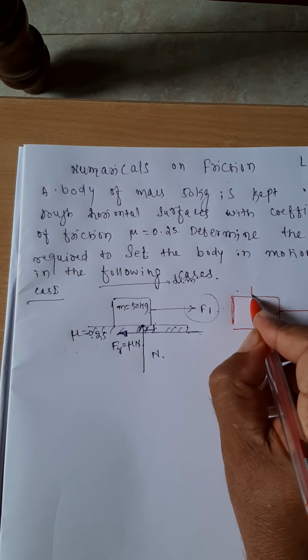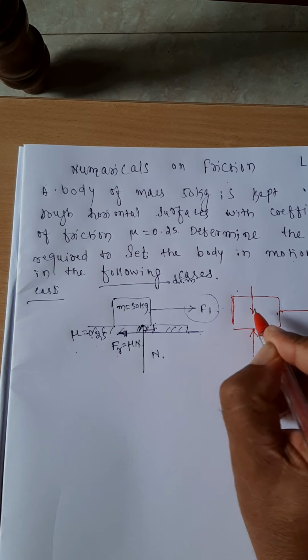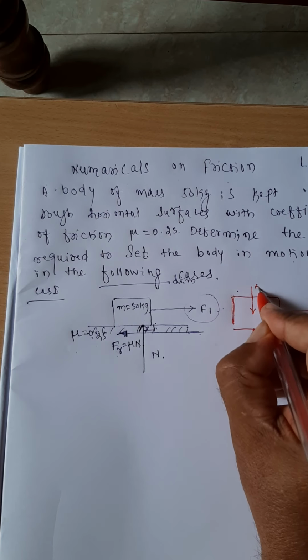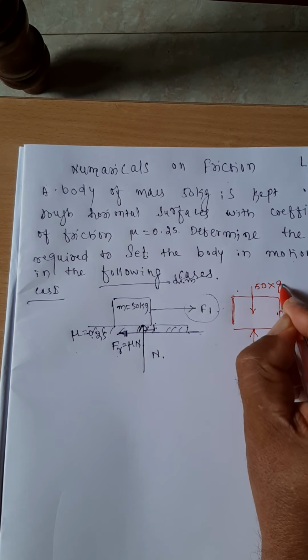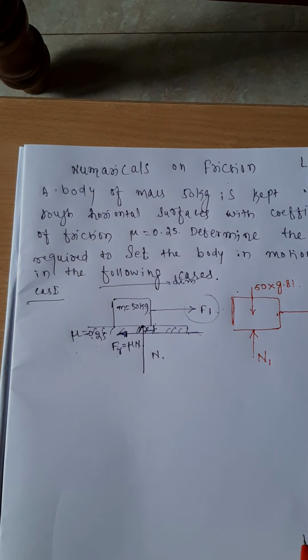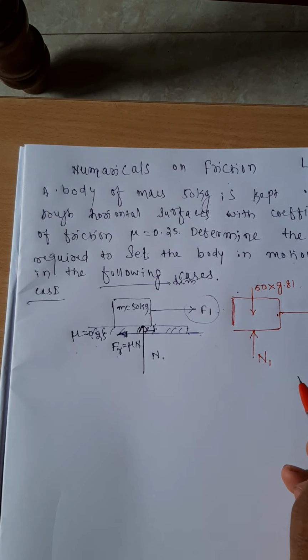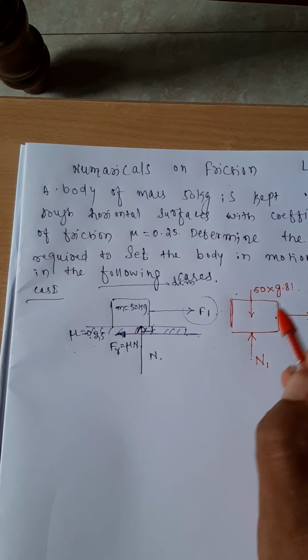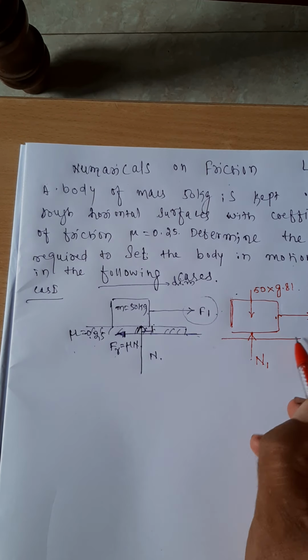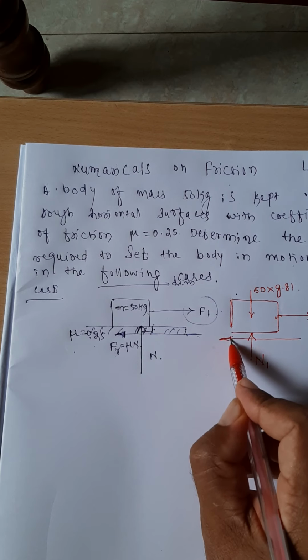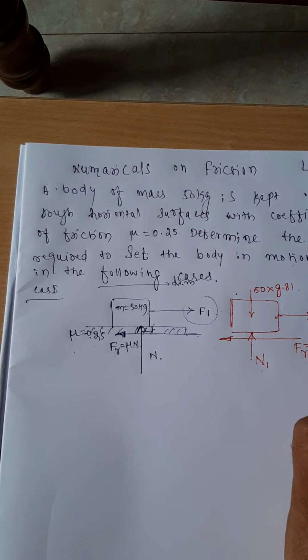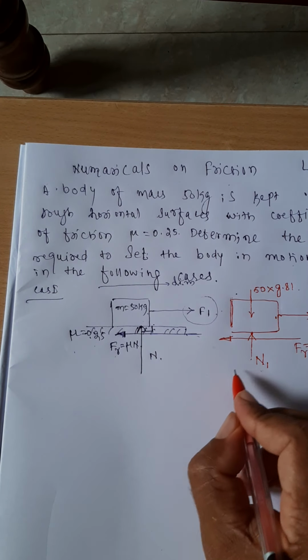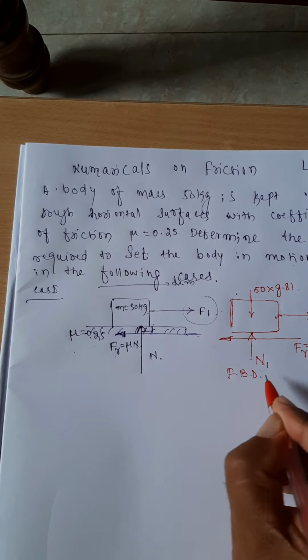And the weight of the body acts in the downward direction, equal to mass multiplied by acceleration due to gravity, that is 50 multiplied by 9.81. That is the self weight of the block. As frictional resistance is there, it acts tangential to the surface, and that frictional resistive force is proportional to the normal reaction N1 and is given by mu into N1. This is the free body diagram, FBD, of the block.